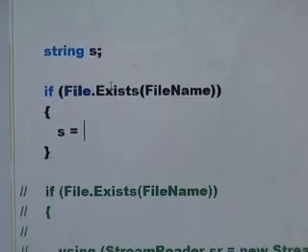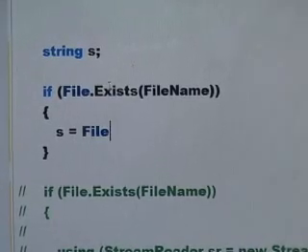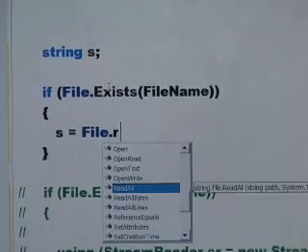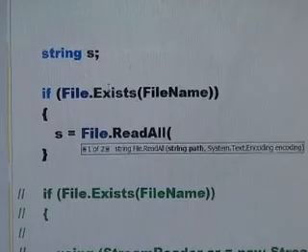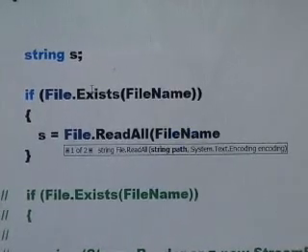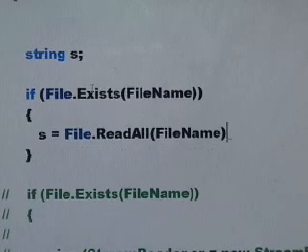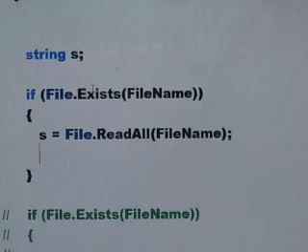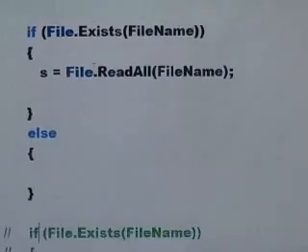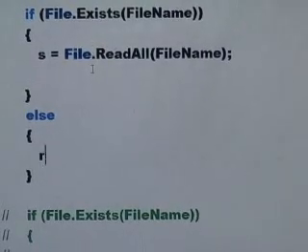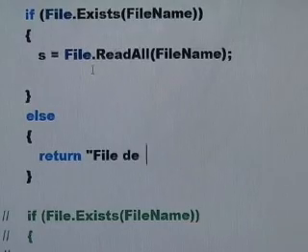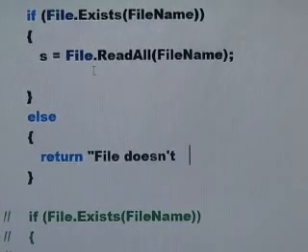The file has some new methods here. And I'm going to use the readAll method. So the readAll method, I basically pass it a file path. So I'll just choose file name here and set that value. And if I just type else, click tab, it does the code expansion for else, and I'll just say return file doesn't exist.